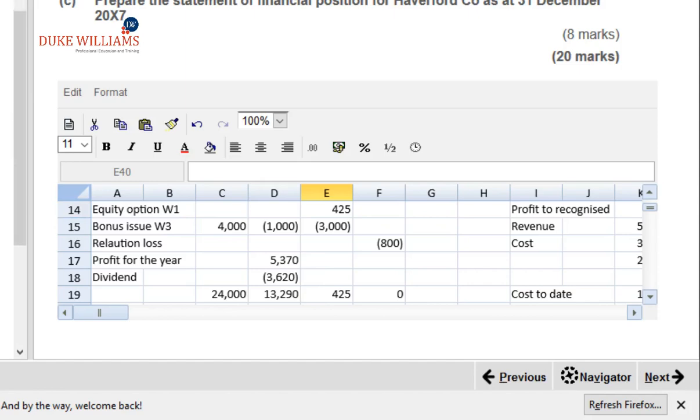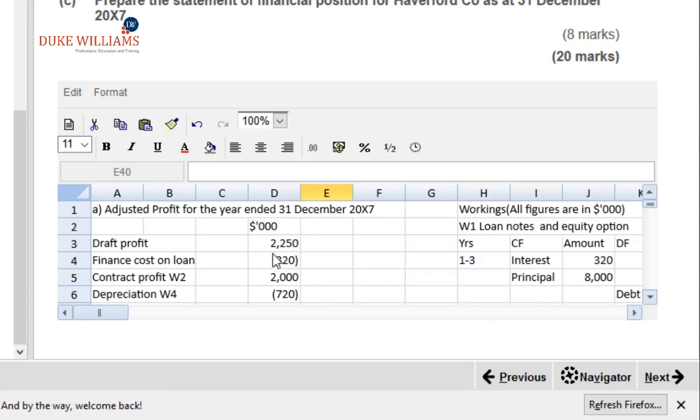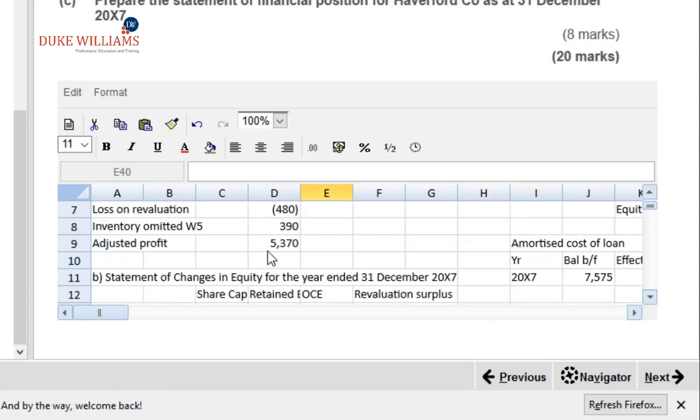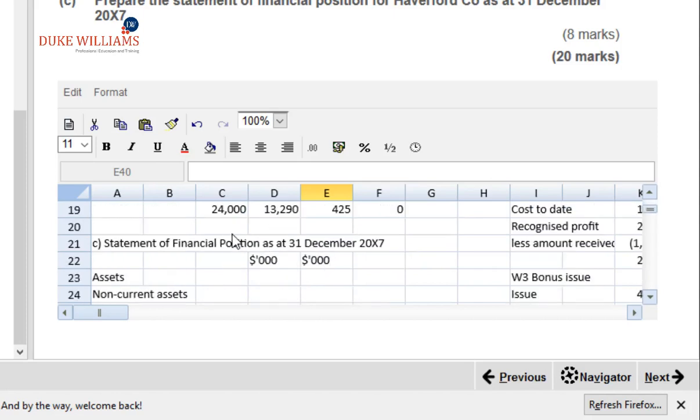Yeah. Okay, I want you to observe that in my workings, apart from the P&L which I found the total, because I needed that to be able to aggregate into my equity section, and then the statement of changes in equity which I've also aggregated a total because I also needed that in my financial position.